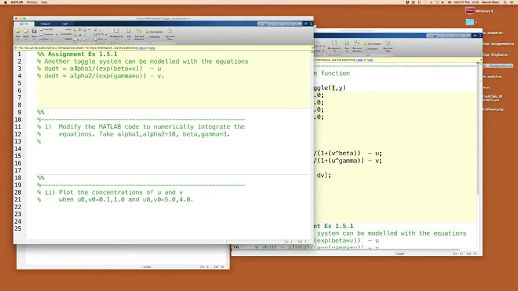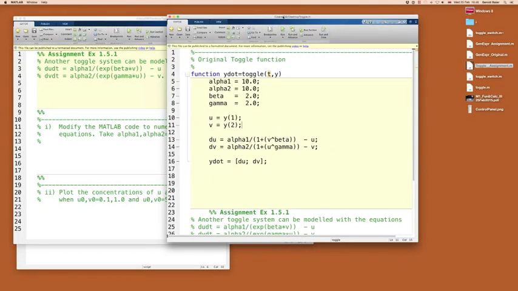The question said another toggle switch can be modeled with the equations du by dt equals alpha 1 divided by an exponential of beta times v minus u, and similarly for dv dt. As in the toggle switch, there is mutual inhibition. V inhibits U and U inhibits V. So the function is different, but the concept of inhibition stays the same.